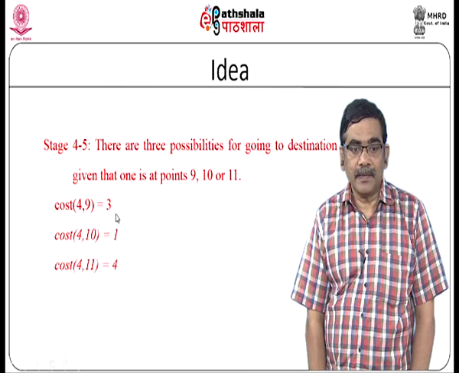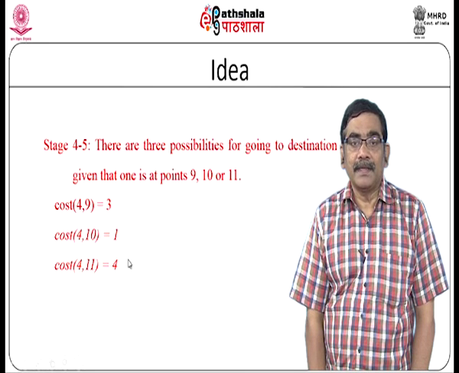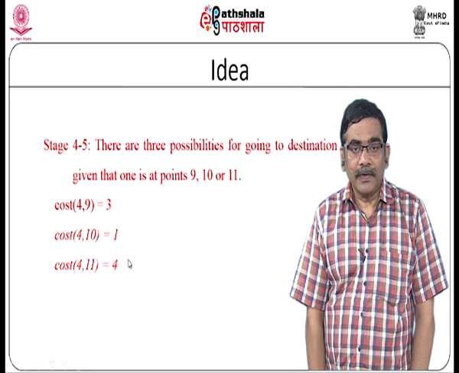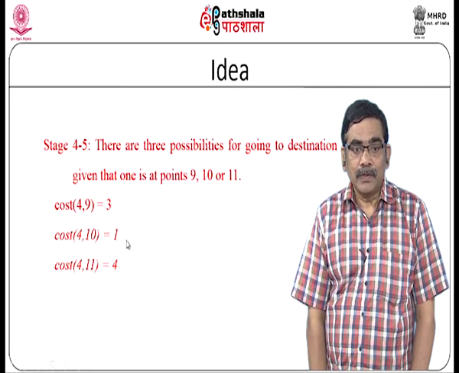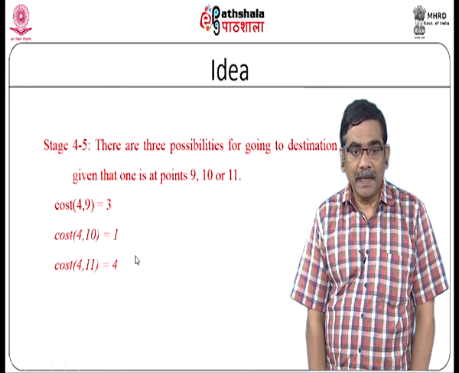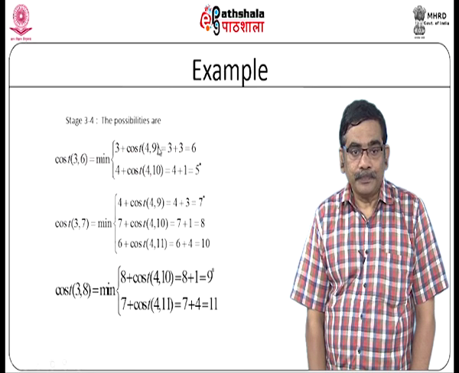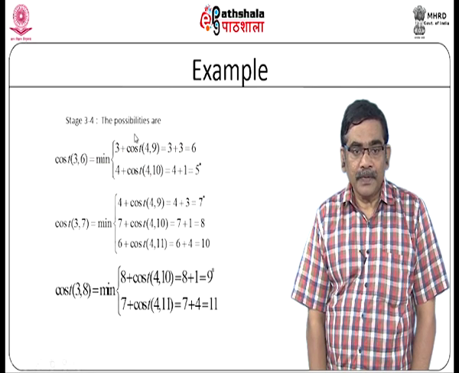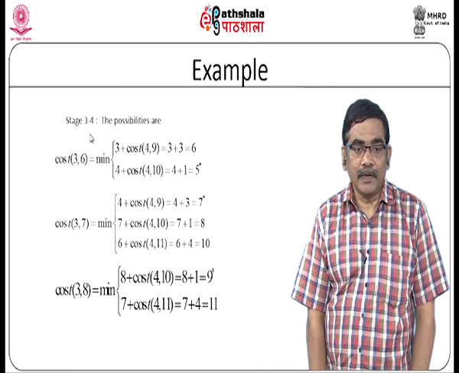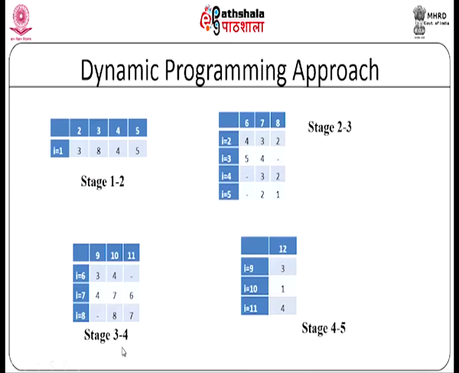So, this is what your scenario is all about. You can see, backward reasoning means you are coming from your destination, so you have to find the minimum. The minimum is 4 comma 10. Okay.